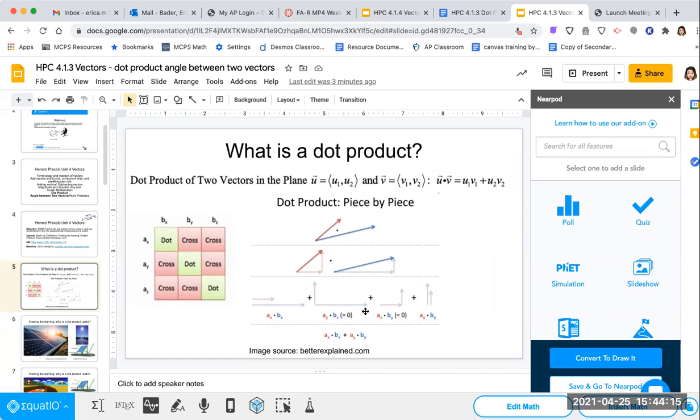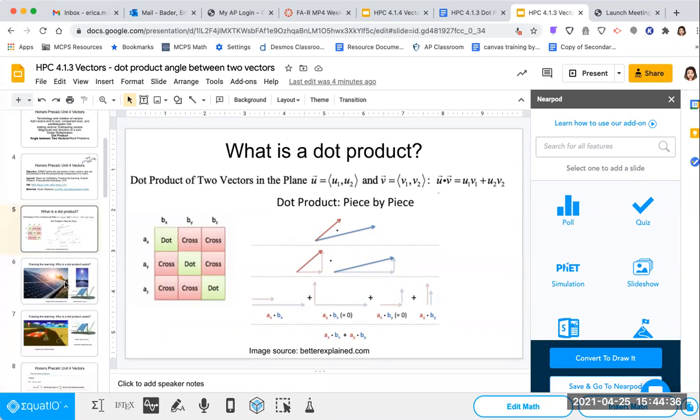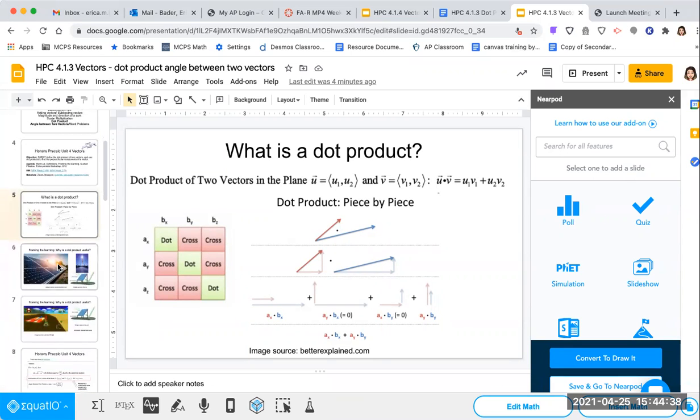It's 0 for both of the crosses, the AY BX and the AX BY. Then you multiply AY times BY, the two vertical components together, and that is the result of your dot product. We're going to talk a lot more today about what this perpendicular vector relationship means. Okay, so that's what a dot product is, broken down.